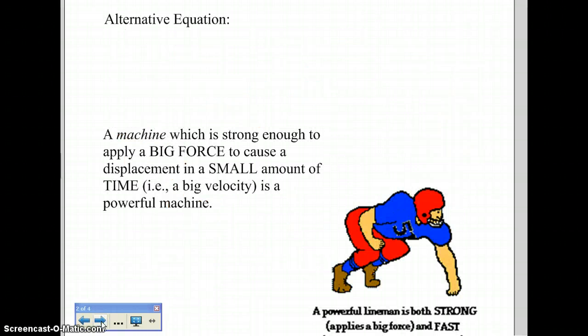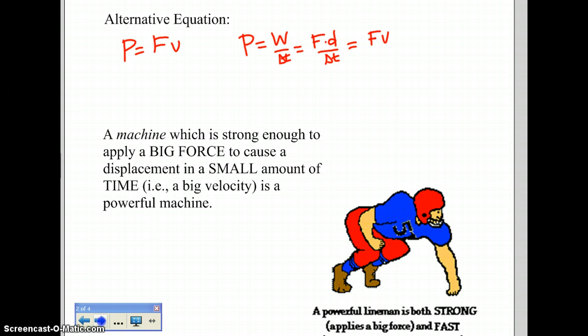An alternative equation that we just looked at is power equals force times velocity. This comes from power equaling work over time, which equals F d over t, which equals F v, because d over t is velocity.